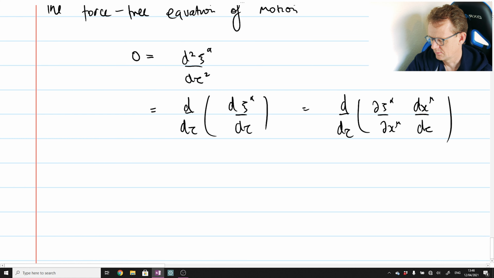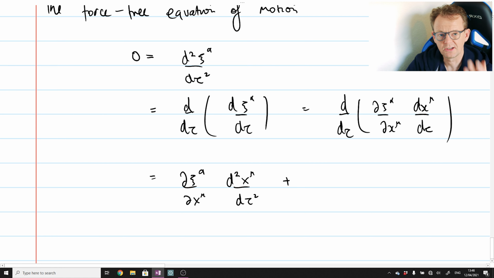And now, that's just one total derivative. We need to get rid of the other one in the same fashion. If you apply the second derivative, writing the total derivative with respect to all the independent variables as partial derivatives, then you end up with this equation here.